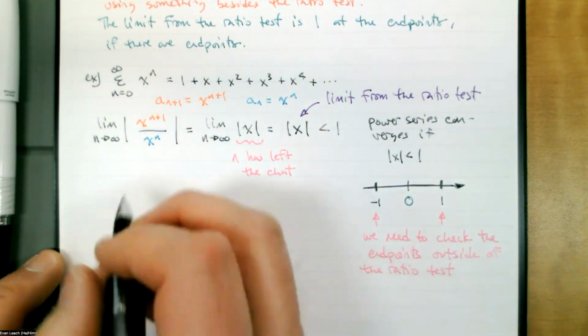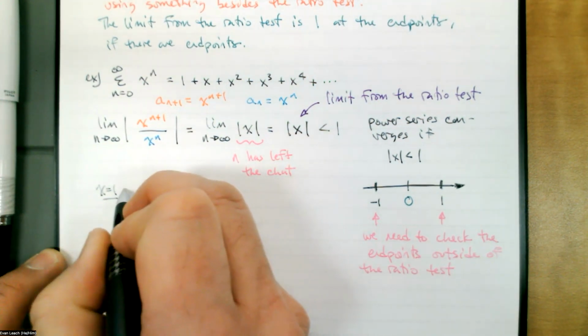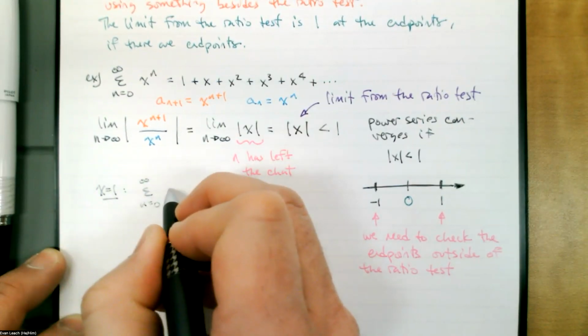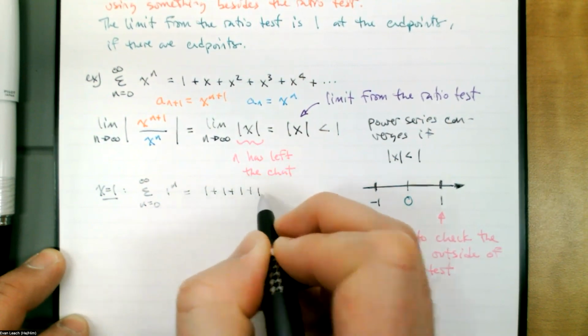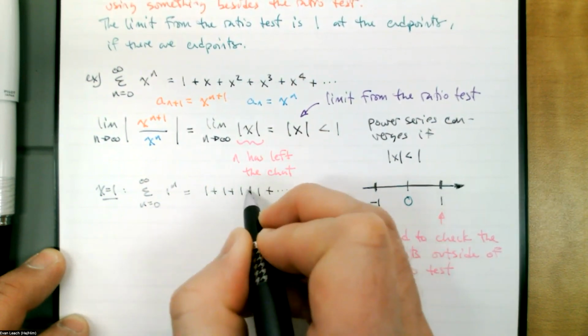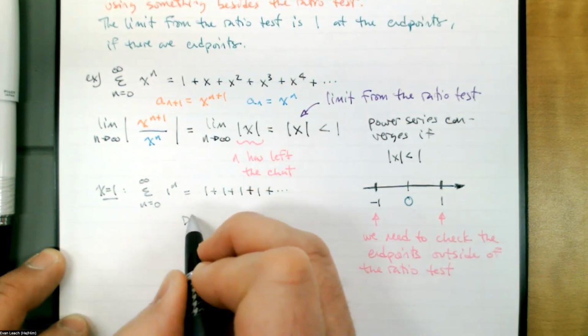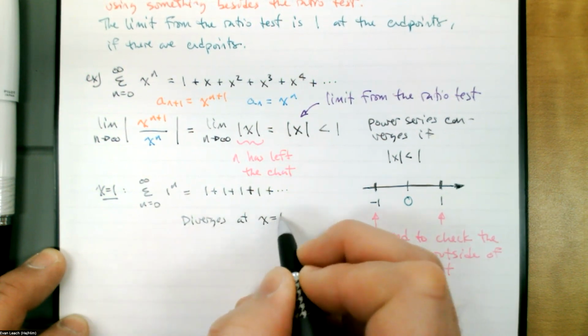So if x is equal to 1, the series looks like the sum from n equals 0 to infinity of 1 to the n, which is a bunch of 1s. So the power series diverges at x equals 1.